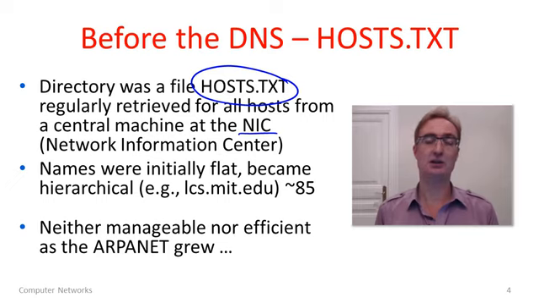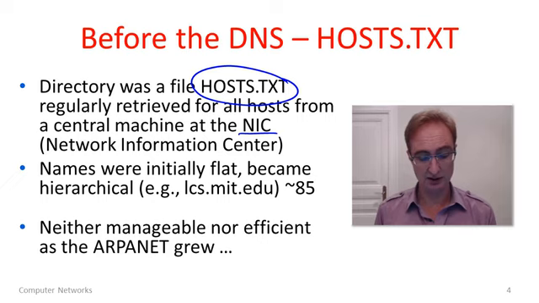The NIC was just the body in charge of the network, so you would copy an authoritative version of this file from the NIC and distribute it to all the machines. Names in this space were initially flat, just the name of your computer, Galar, Vegemite, whatever you'd like. But they became hierarchical, such as lcs.mit.edu, starting in about the mid-80s.